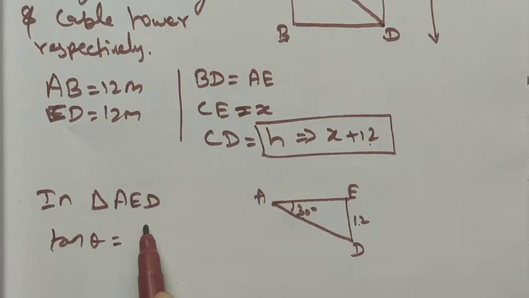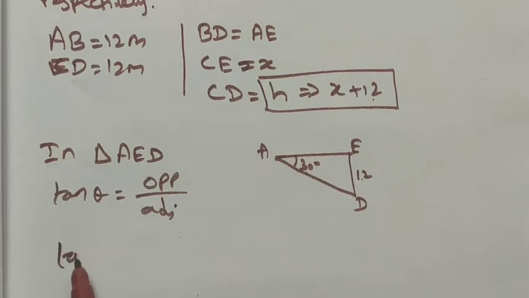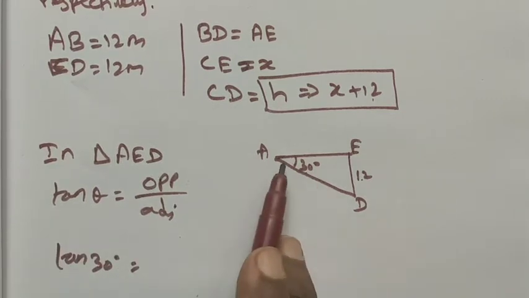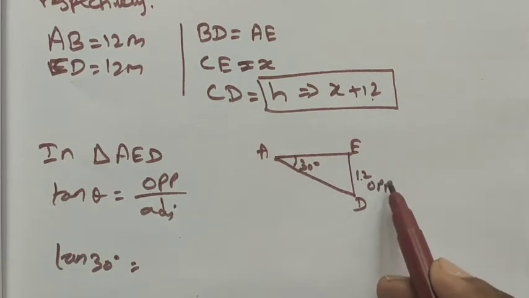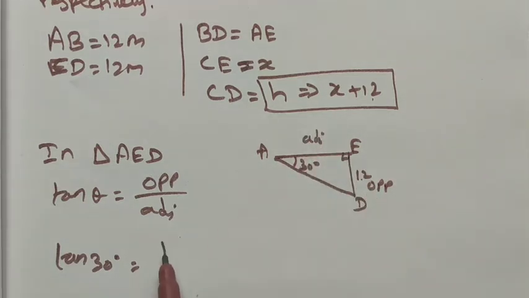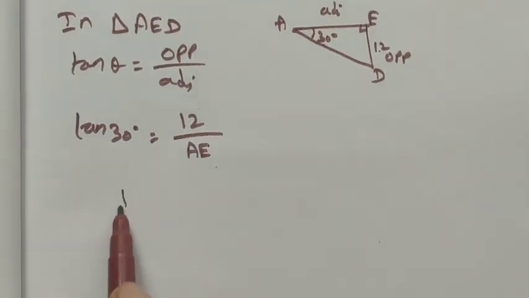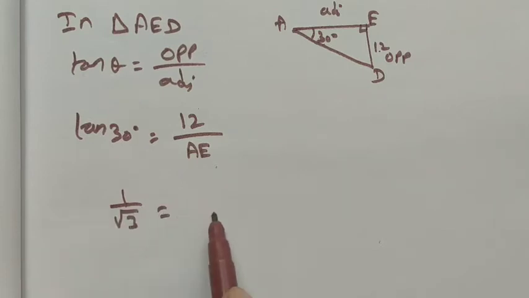Tan theta is equal to opposite divided by adjacent. Here theta is given as 30 degrees. So tan 30 degrees is equal to the opposite side, 12, divided by the adjacent side, let me take it as AE. Tan 30 has the value 1 by root 3, equal to 12 by AE.